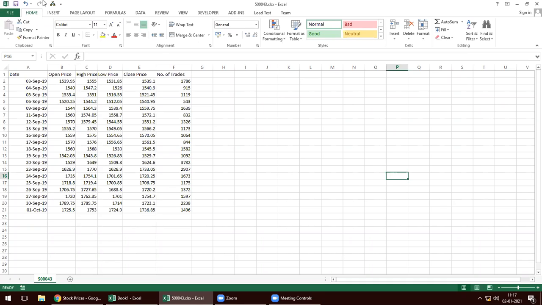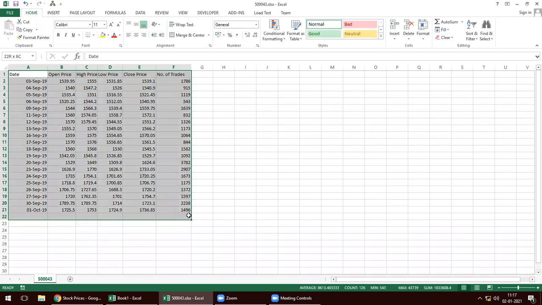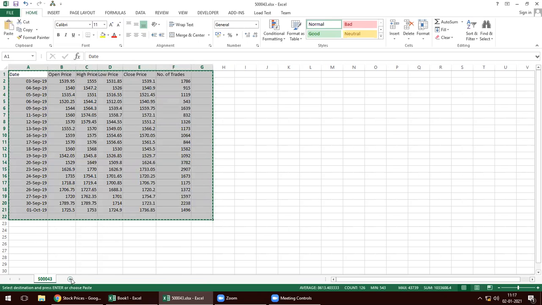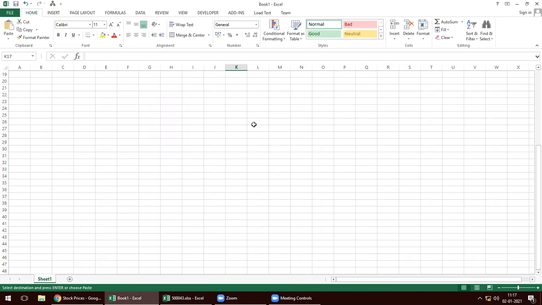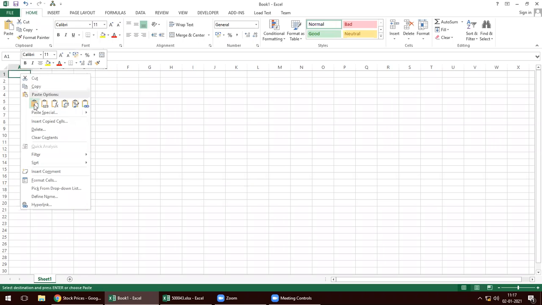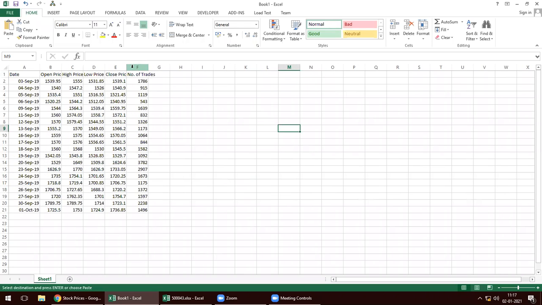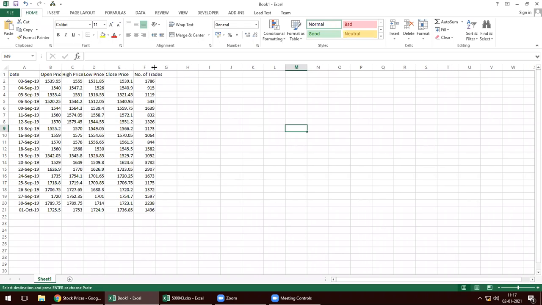Now what I am doing, I'm creating a new Excel sheet, or you can use another book here, but I am using an Excel and pasting. First one, I am deleting even number of trades also.